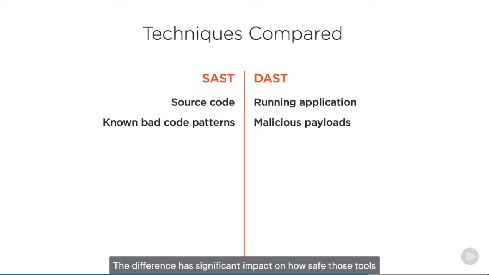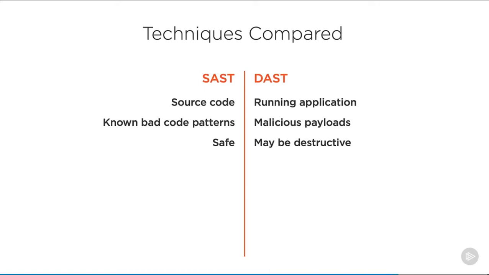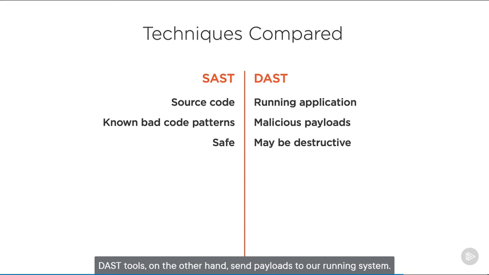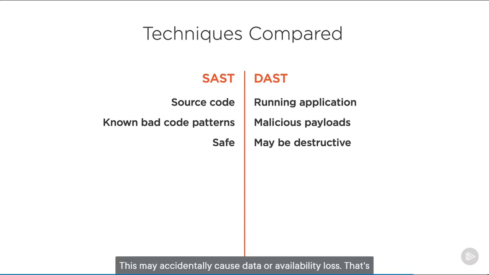The difference has significant impact on how safe those tools actually are to use. SAST tools only read code, and there is no negative effect that they can have on live systems and customer data. DAST tools, on the other hand, send payloads to a running system. This may accidentally cause data or availability loss.